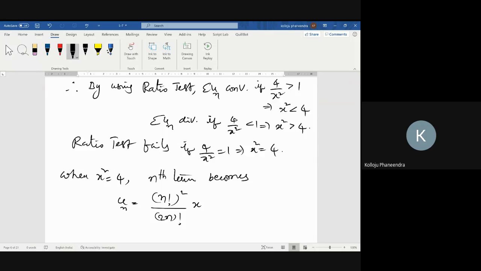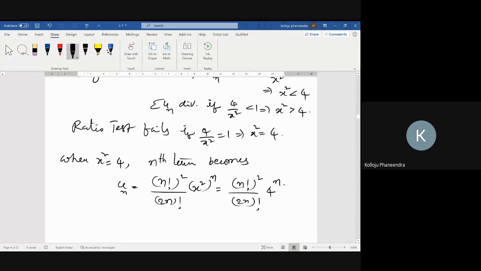I can write like this, right? Next one, x square equal to 4, substitute here. So n factorial whole square by 2n factorial, this is 4 to the power of n.